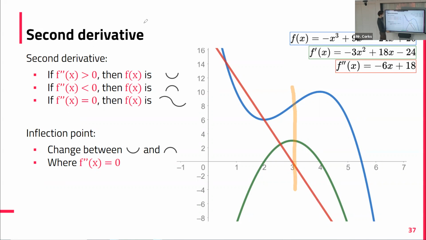Looking at the original function, the blue one, this whole idea of curving up: let's look at a whole bunch of points on this original function. At the start here, the slopes are very negative, right? Then the slope is still negative, but less negative, getting closer to 0, hits exactly 0, and then it's slightly positive, and then more positive.